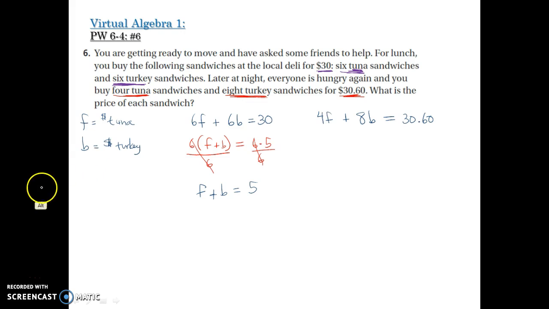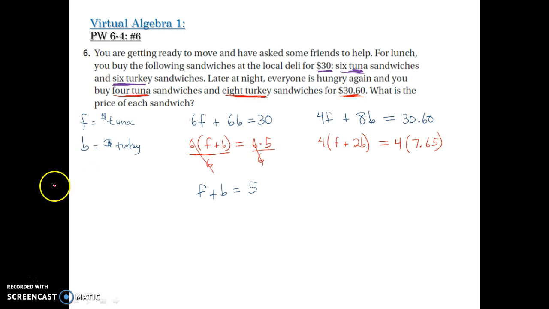So I'm going to factor out a 4. So that's going to be 4 times F plus, let's see, 4 times what would give me 8B? 4 times 2 is 8. So 4 times 2B would give me 8B. And then this is 4 times $7.65.